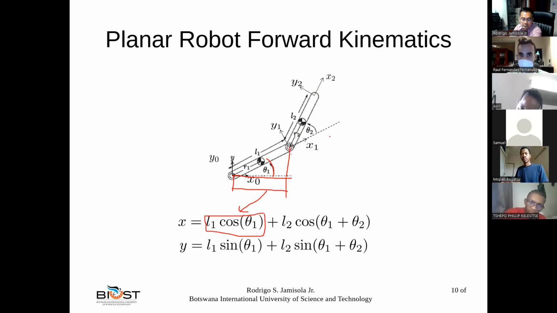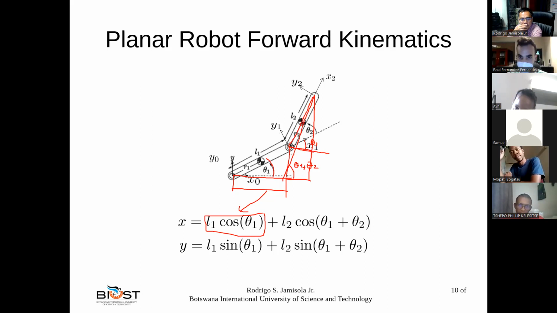This distance can be represented as this, and this distance can be represented as this, being, sorry for the drawing, this angle θ1 plus θ2. Well, this will end here actually.